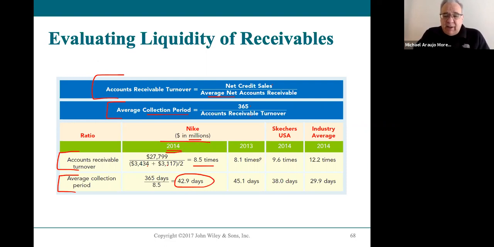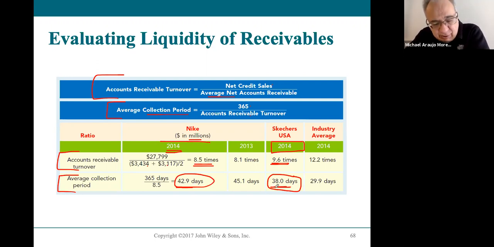So that's not terrific. Well, compared with one of its competitors, Skechers, here they have a turnover rate for their receivables of 9.6 times a year. Well, a higher rate than Nike means they're collecting them faster. When you put that under 365, you'll see that Skechers is collecting their receivables every 38 days compared to Nike's roughly every 43 days.